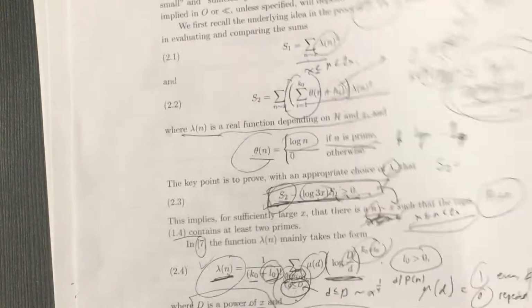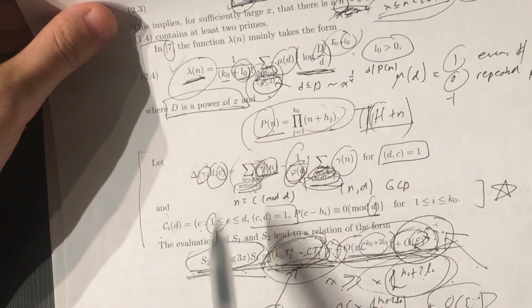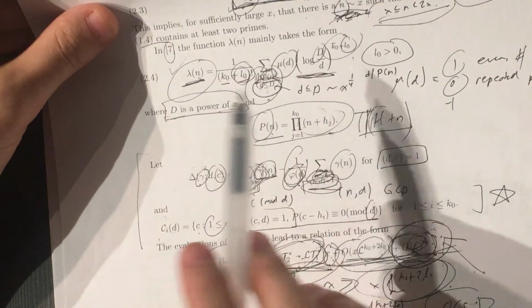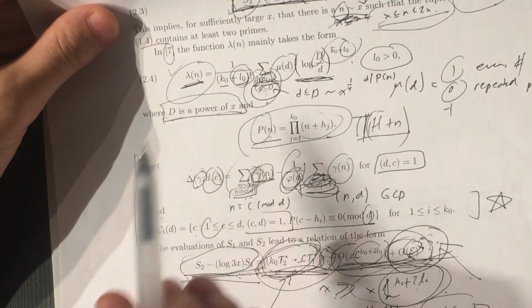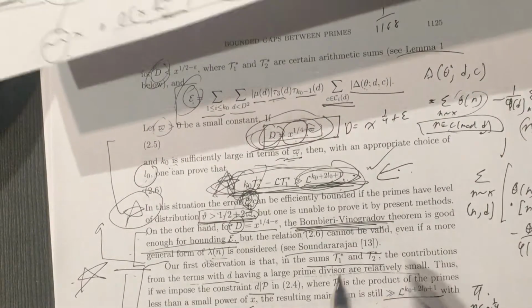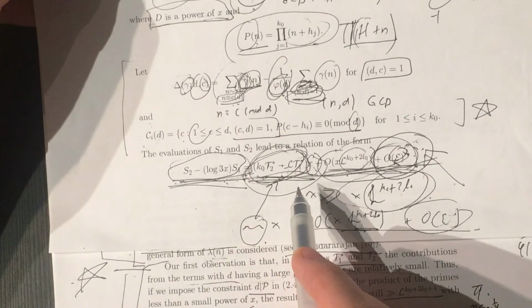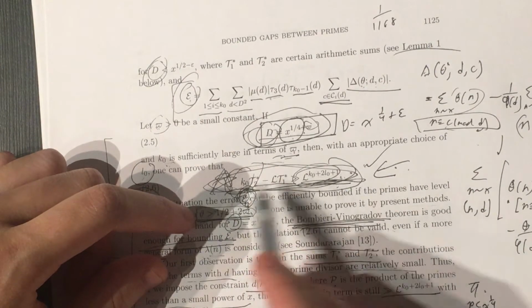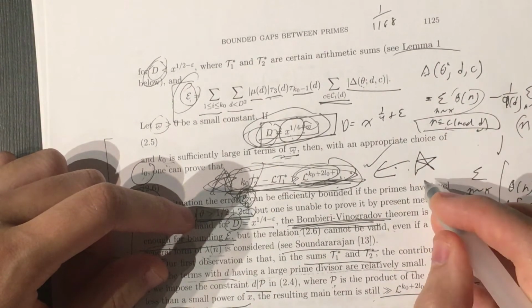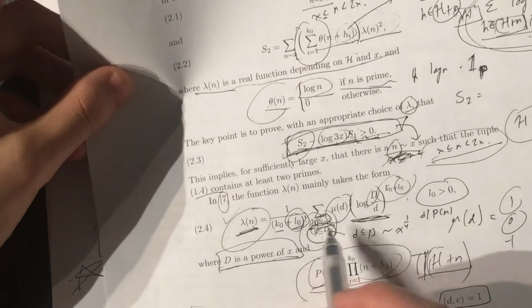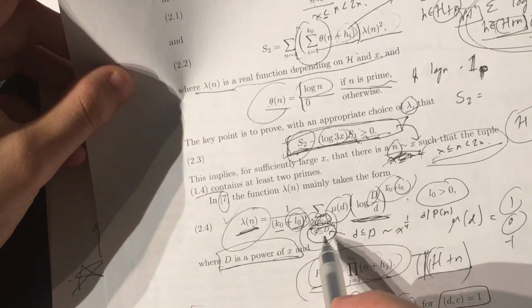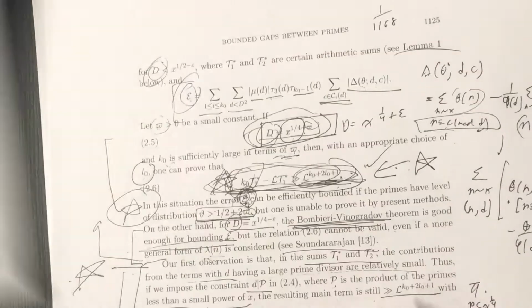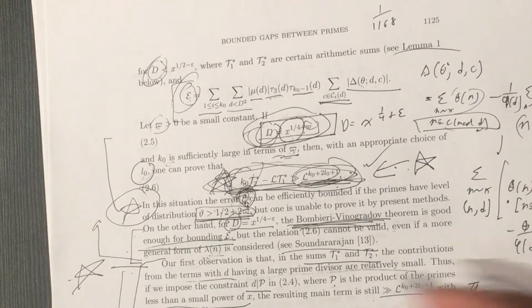But even then, he still manages to make it sufficiently positive, or actually it's not clear that this would be better or worse, but apparently he does manage to prove that this main term, this coefficient that you want to be positive, still grows sufficiently fast. So this condition is still maintained, even if you add the additional restriction when you're defining lambda, that d divides this new curly P. Okay, so I understand this paragraph.